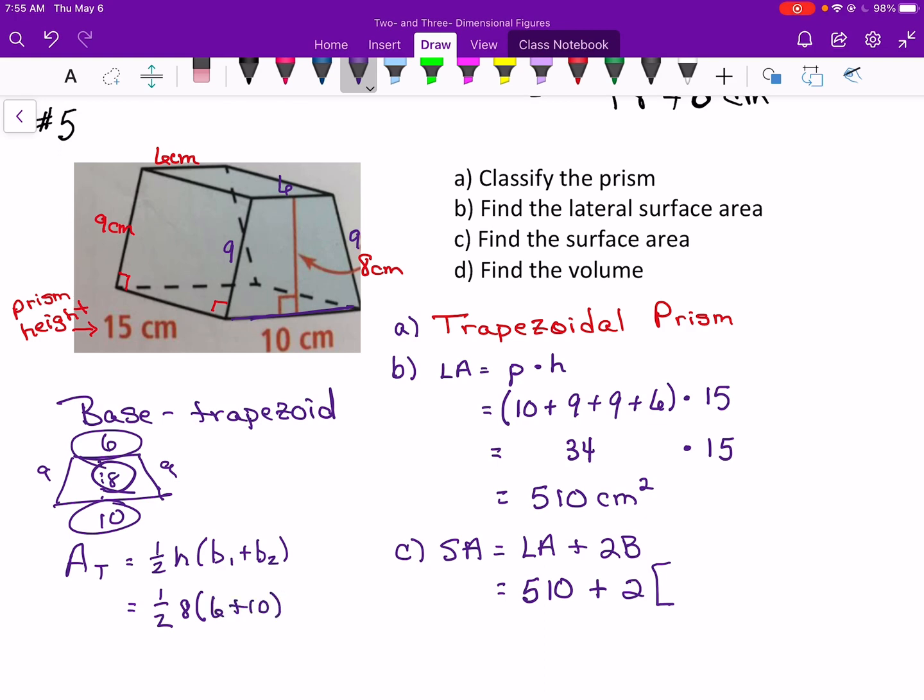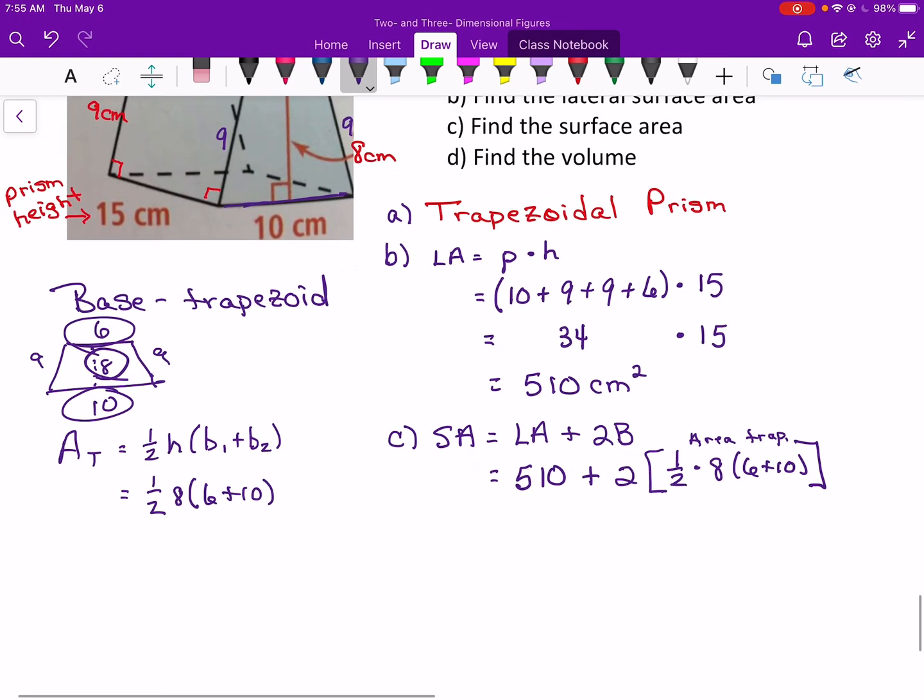They're the sides that are parallel. So let me put that in our formula: 1/2 times 8 times 6 plus 10. Area of the trapezoid, just to remind you what that is, okay?